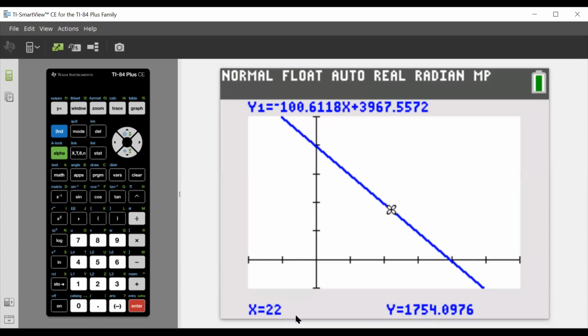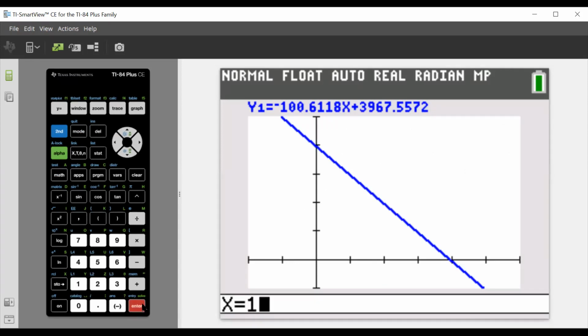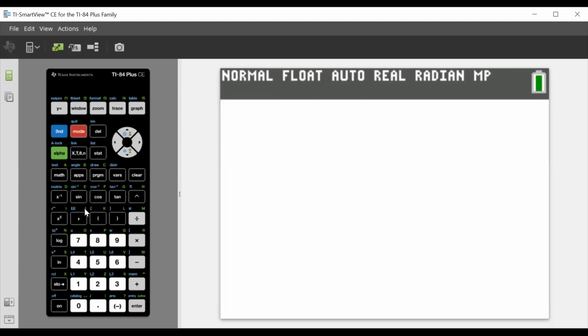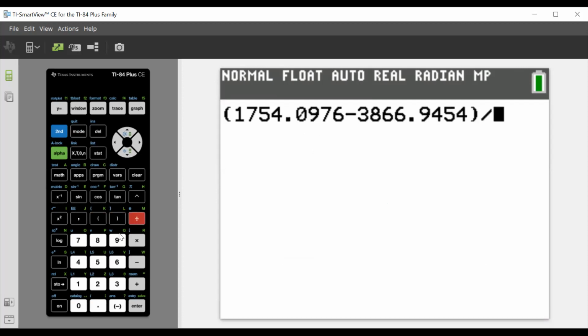1754.0976. Okay, we need a value of 1 as well, which is 3866.9454. All right, so now what we can do, take our value, 1754.0976 minus 3866.9454, and then that whole thing divided by 21, because 22 minus 1.